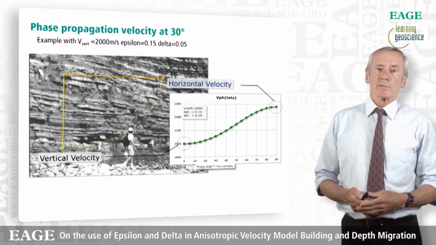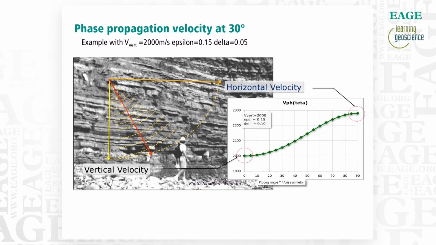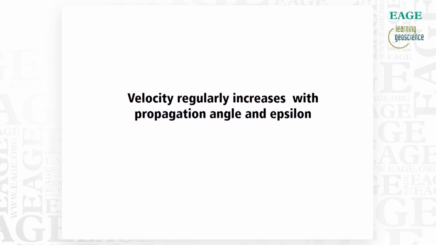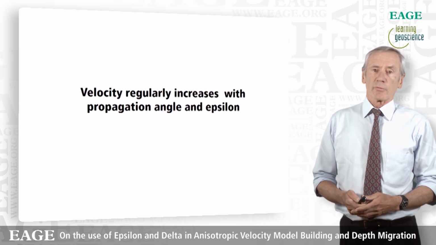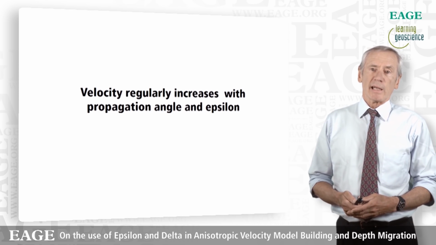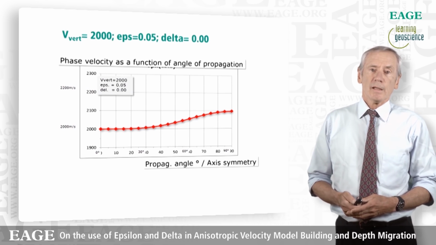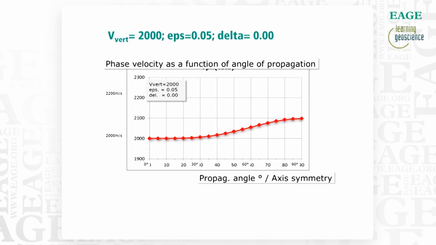Now we can consider, for instance, propagation at 30 degrees, like this on the cartoon on the left, and the curve would give us the value of phase velocity for that specific angle. So we can say that velocity regularly increases with propagation angle and epsilon. That would be the curve for epsilon equals 5%, and that would be the curve for epsilon 10%.